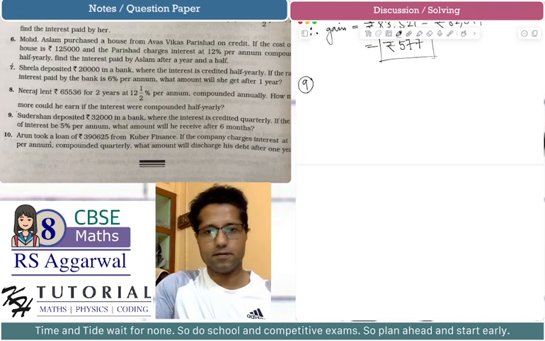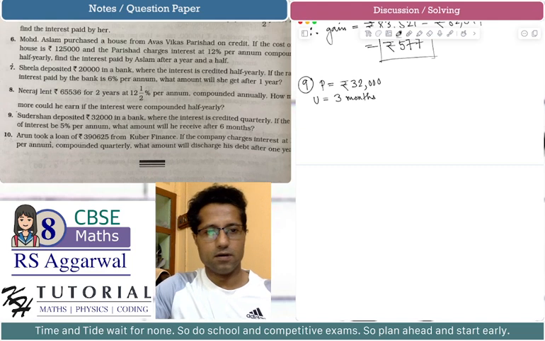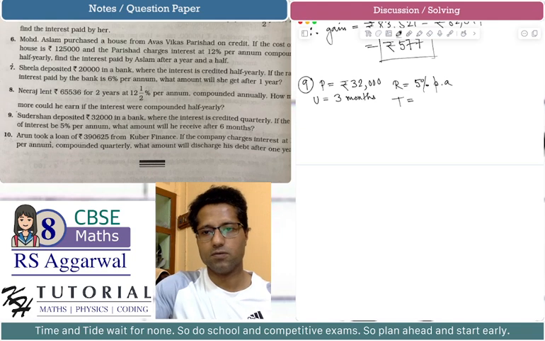So the principal is given to be 32,000, where the bank interest is credited quarterly, which means U is equal to 3 months. R is 5% per annum. T is equal to half year, since 6 months means half year.